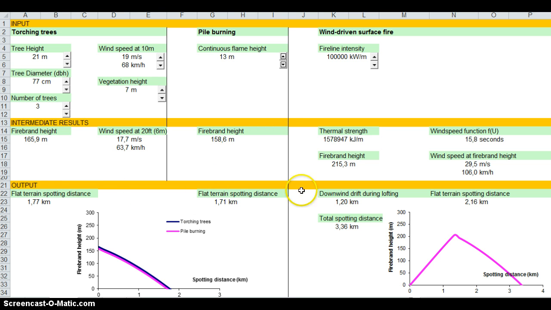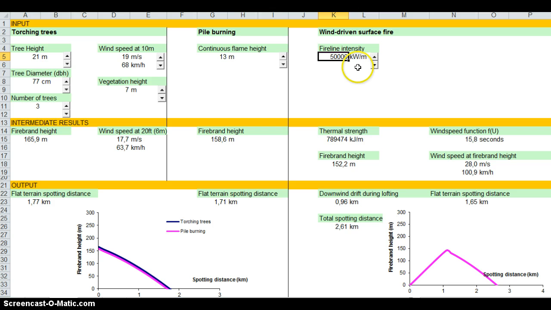The other one is quite different, which is wind-driven surface fires. So here you have to start by providing fireline intensity that can be estimated by many sources, and let's talk about 50,000 kilowatts per meter.